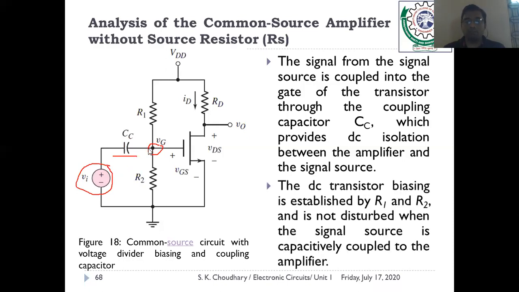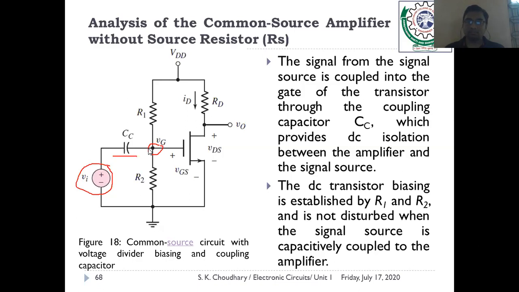But to act as an amplifier, this transistor should be biased in the saturation region. As we know from the operation of the MOSFET, to work as an amplifier, your transistor should be biased in the saturation region.